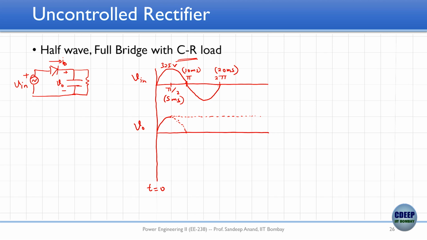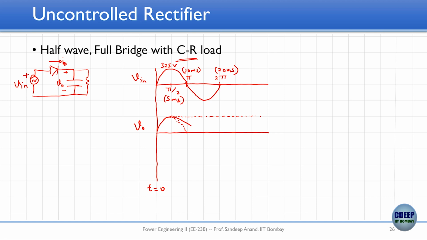So what will happen? Your output voltage will start following something like this. Essentially it is an RC circuit now because the diode is turned off. For the diode to turn on, the output voltage must be following the sinusoidal contour, which it is not.